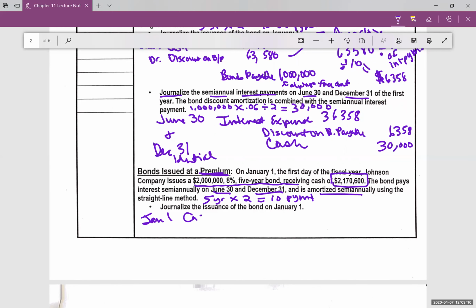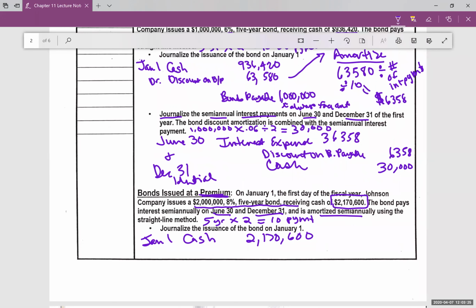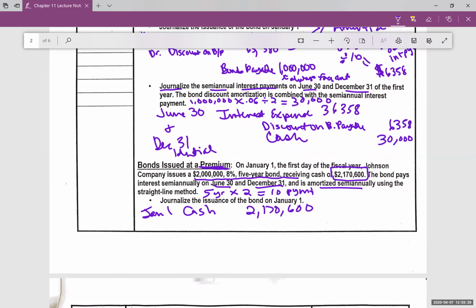So January 1st, they got cash of the bigger number, 2,170,600, because these bonds were sold at a premium. Then on the last one, you might go back and look, but it was a debit to discount on bonds payable. Well, when it's a premium, it's going to be a credit to premium on bonds payable.